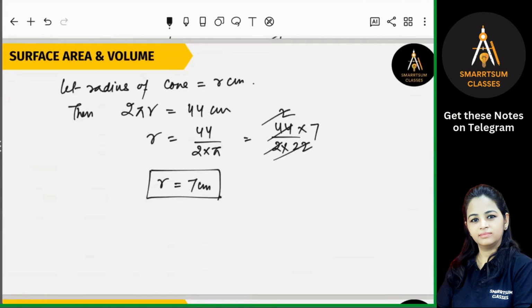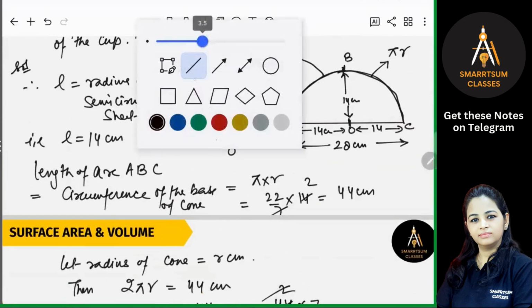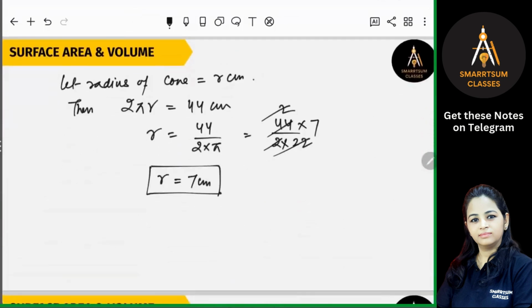Now, since we have found out the radius of the cone, we can find the height of the cone, this one, here to here. This is the height of the cone, h. Because we have to find the volume of the cone, then only we can easily find the capacity. So for that, we need to find h.